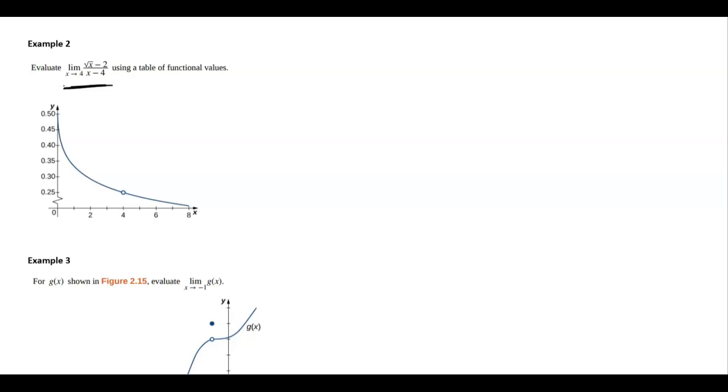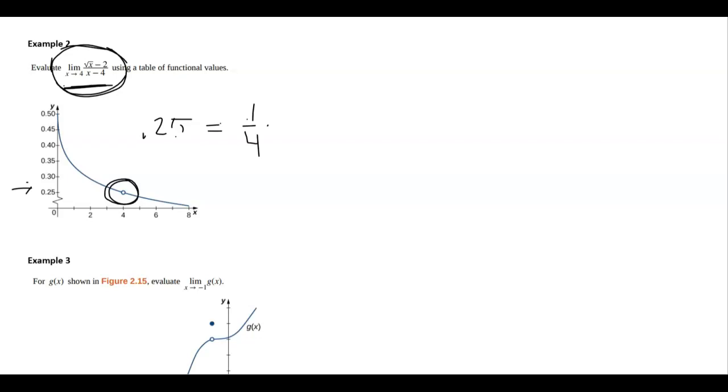And in fact, I end up having a hole. And you can see that here in the graph, that I would have a hole at x equals 4. You can track this over graphically to see that this limit is going to be 0.25 or 1/4.